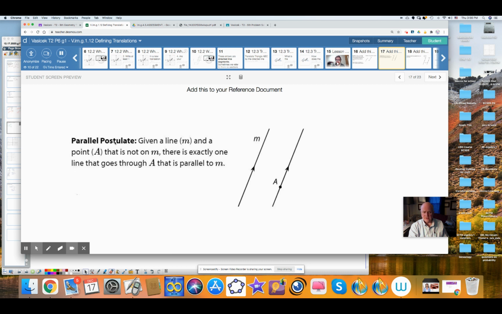Here's the second big idea, the parallel postulate. If you have a line and a point not on that line, there's exactly one line that goes through this point that's parallel to this line. And this is called the parallel postulate. When Euclid wrote his book, The Elements of Geometry, he had 5 axioms or postulates. And we have several more today, but he had 5. And the 5th one, which is this parallel postulate, has given scholars a lot of things to talk about throughout the years.